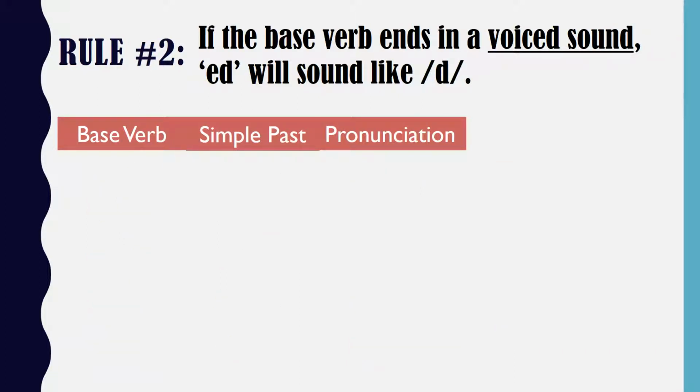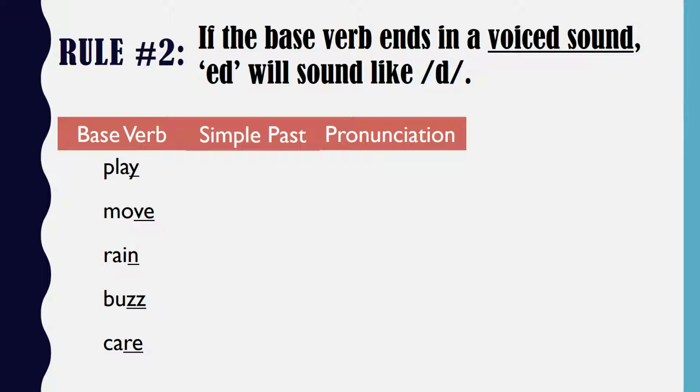The second rule for past tense pronunciation is that if the base verb ends in a voiced sound, you add a D sound to the end. Here are base verbs that end in voiced sounds. Remember, these are the ones you can feel in your throat: play, move, rain, buzz, and care.